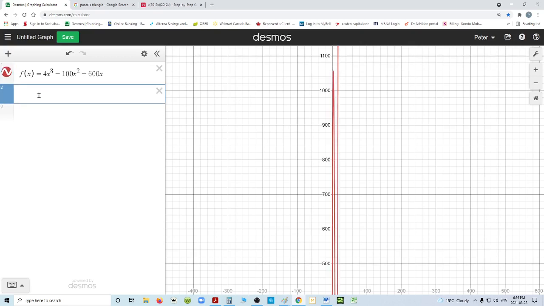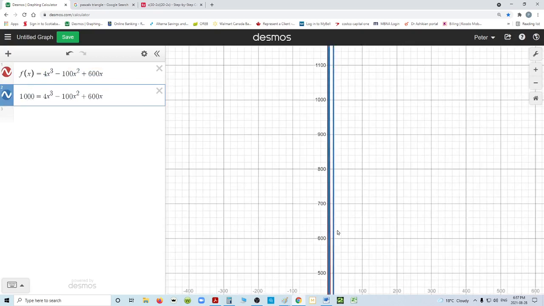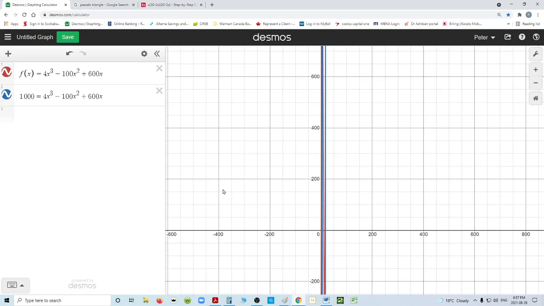And how you can do this is you make your 0 equal to your equation, and it will draw, 1,000 equal to your equation. And it should draw out the 2 lines that work for you.